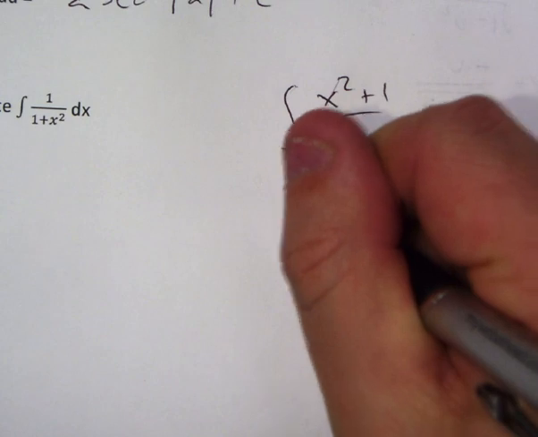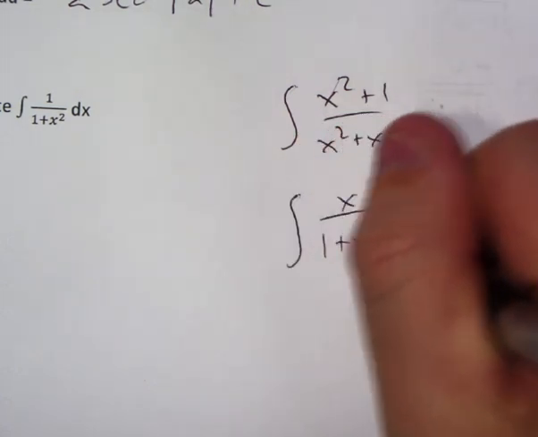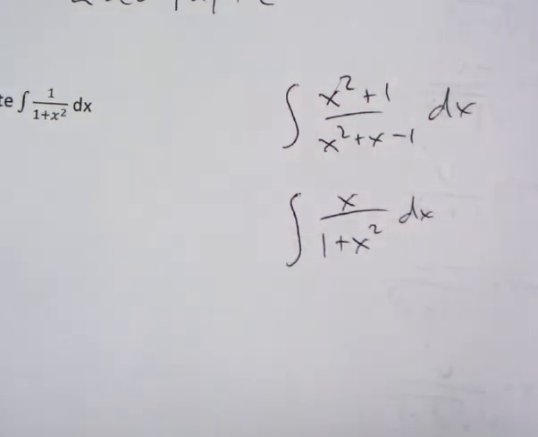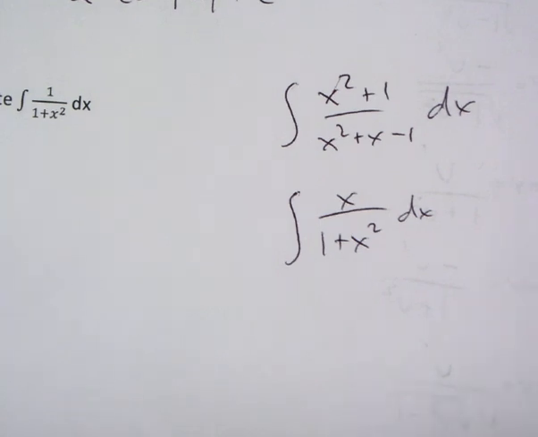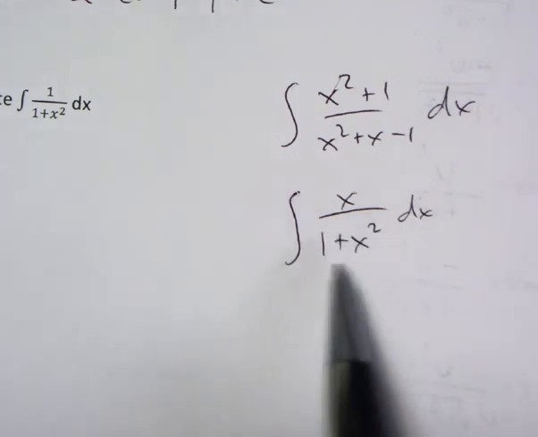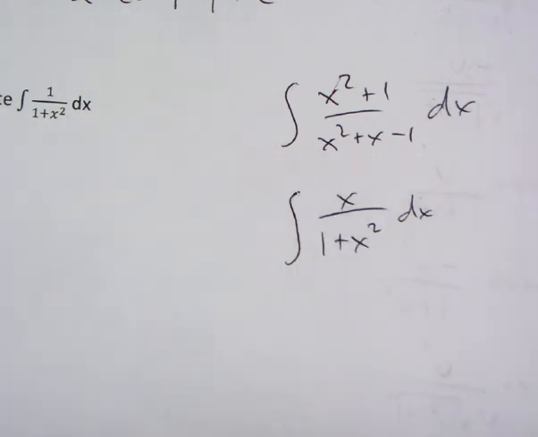If you have something like this, where if I had x over 1 plus x squared, this is a prime candidate for u substitution, because I've said have u be something where its derivative shows up somewhere else. If I had u be 1 plus x squared, the derivative is 2x, and there's an x right here. This one, I can do u substitution.